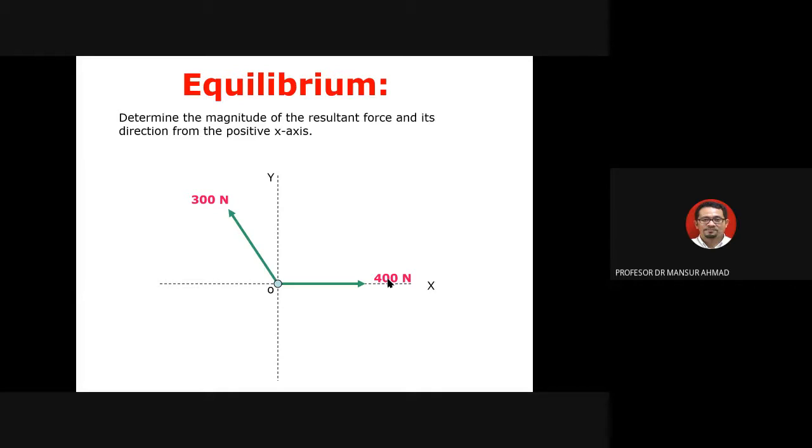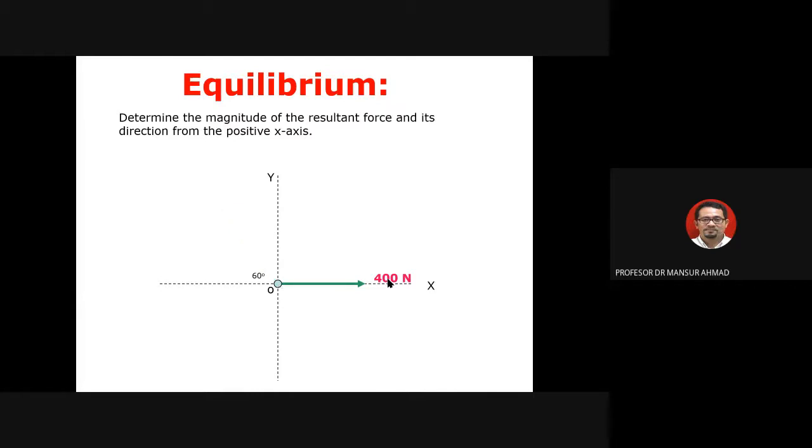So again, I will consider this point O, or point 0, and this arrow in green is a string or rod, rope, and point O is a pin, pin ataupun paku, pin or nail. Okay, so enough with that.